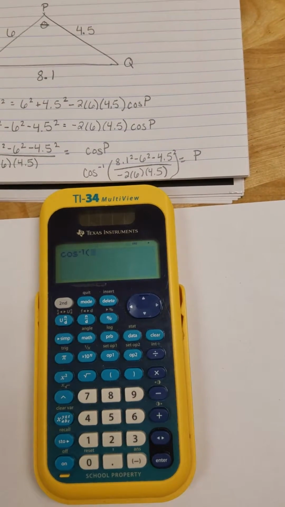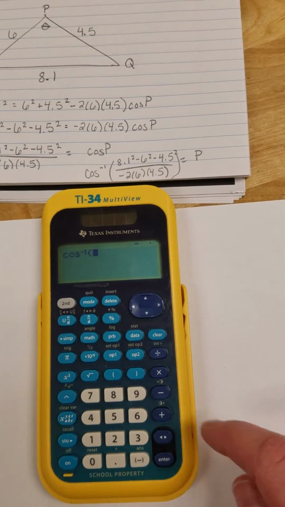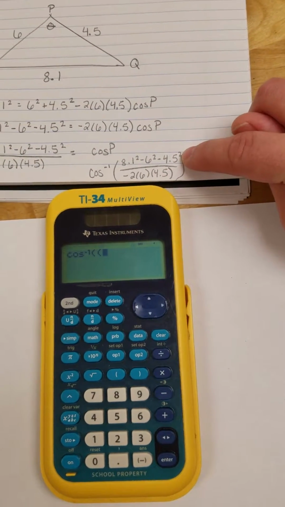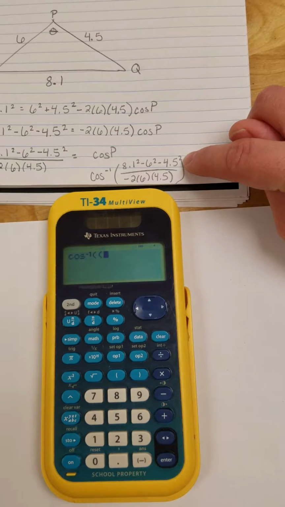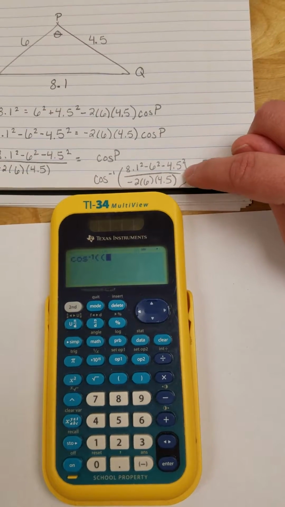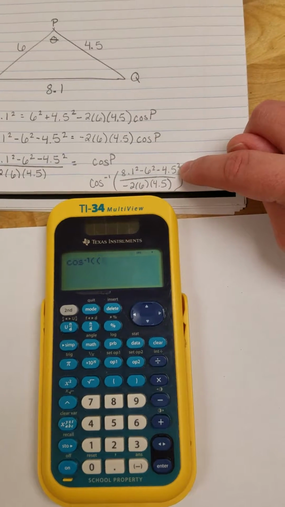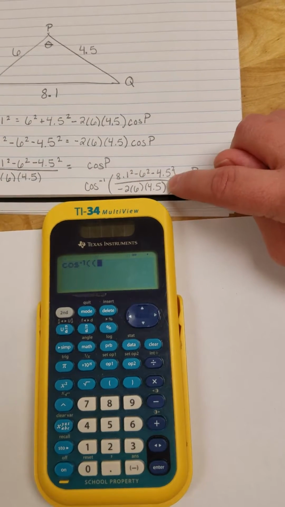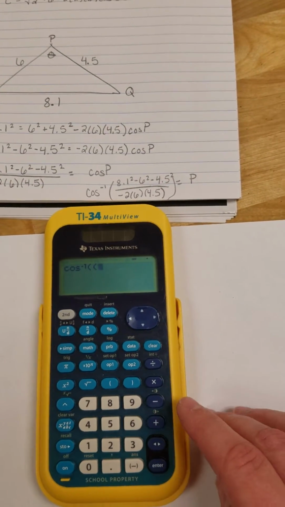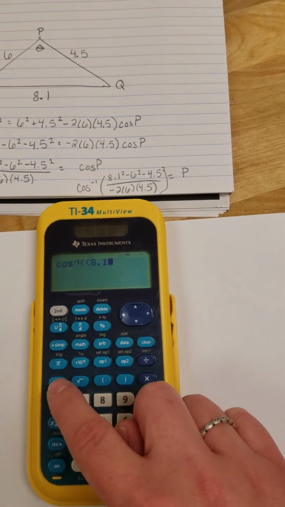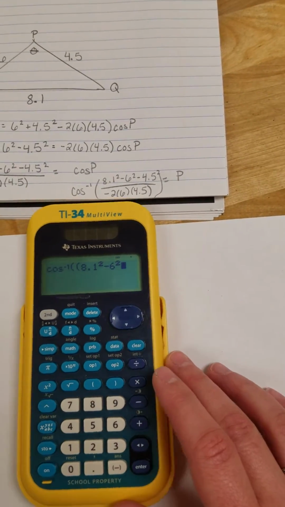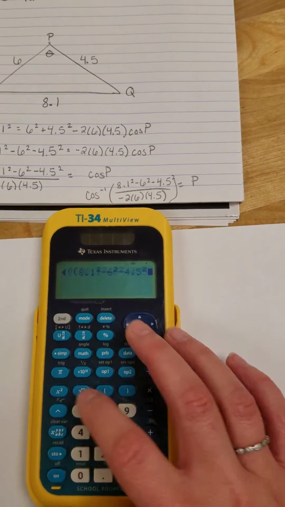And then we can put this in pretty simply here, but what I'm going to do is put parentheses around the numerator so that it knows that it's dividing this whole thing by the product down here in the denominator instead of it accidentally dividing just the 4.5 squared by this. So putting parentheses around the numerator gives it the grouping symbols so that your calculator knows what order of operations you're intending to do.